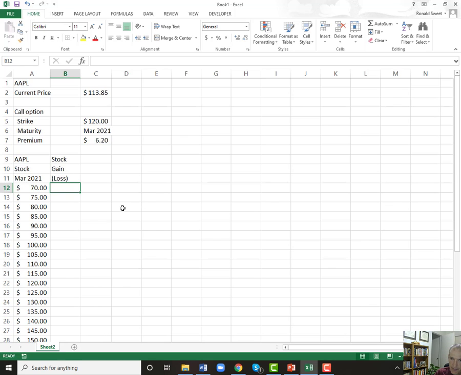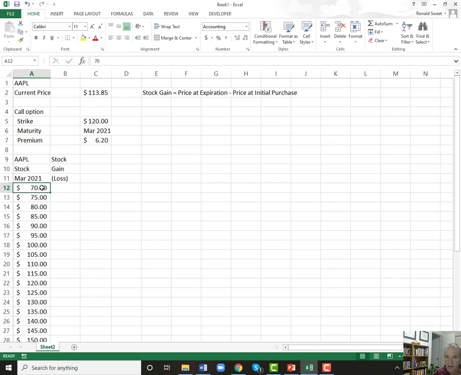Well, the stock gain or loss is going to equal the price at expiration minus the price at initial purchase. So we're going to say we initially purchased it for 113.85.